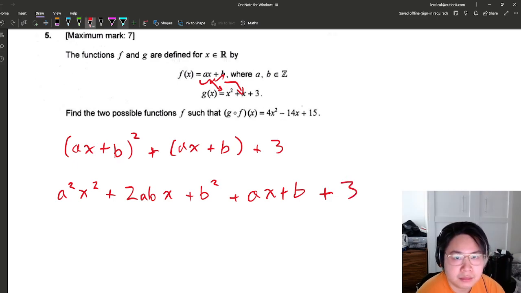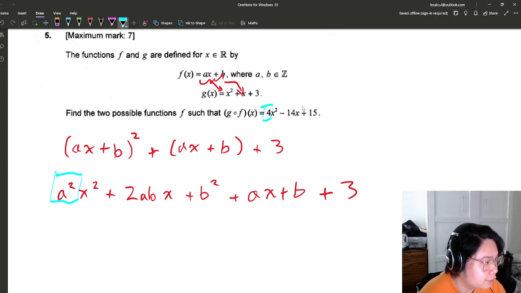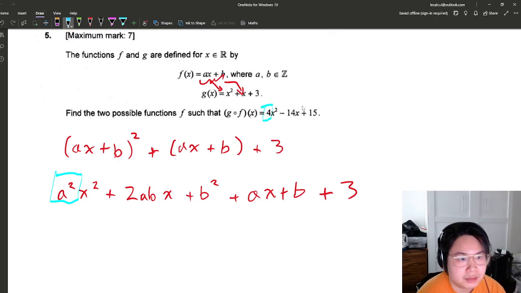Okay, so the only term that has x squared is this a squared term. That means that 4 needs to be a squared. So a could be plus or minus 2. So, okay, that makes sense because they want 2 different functions.